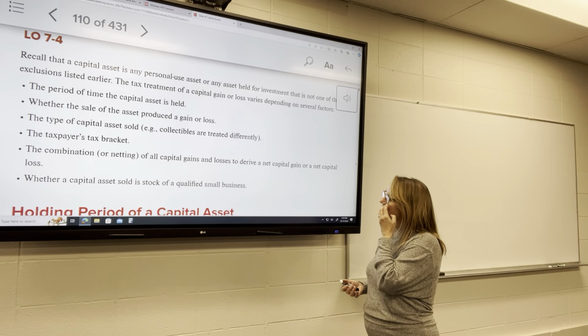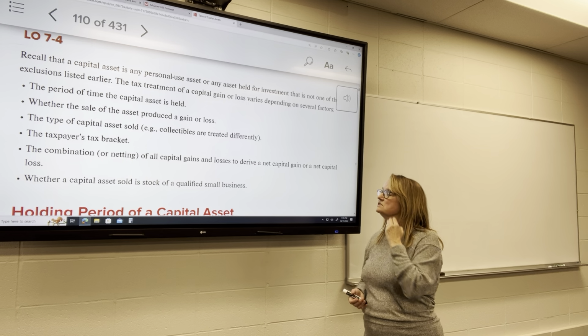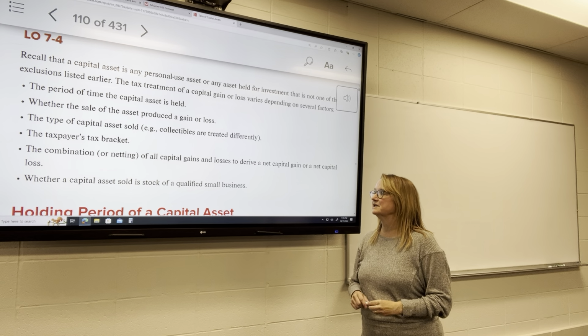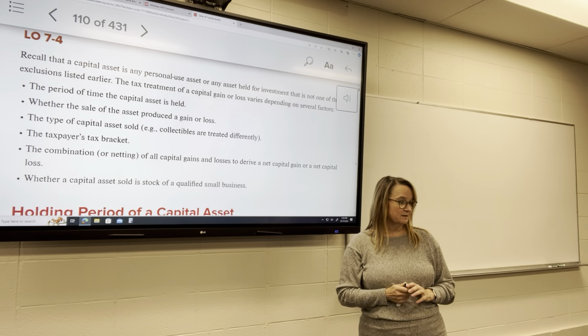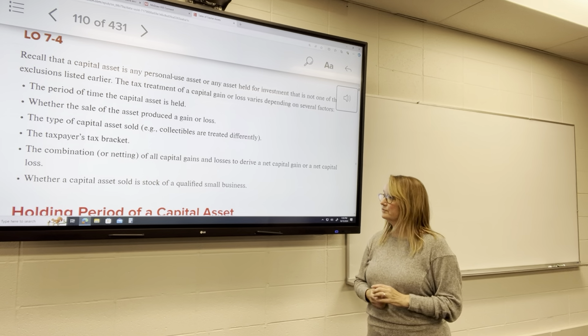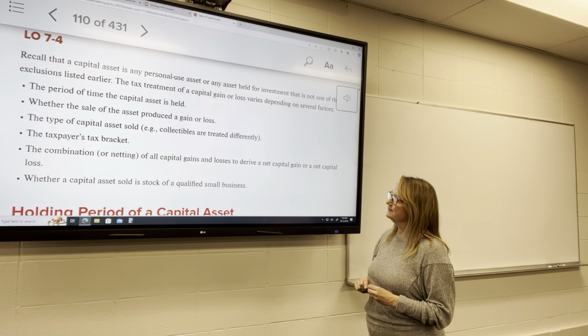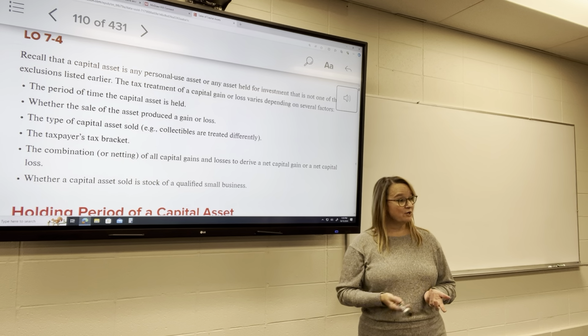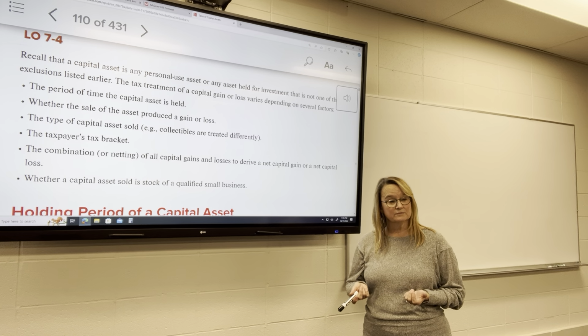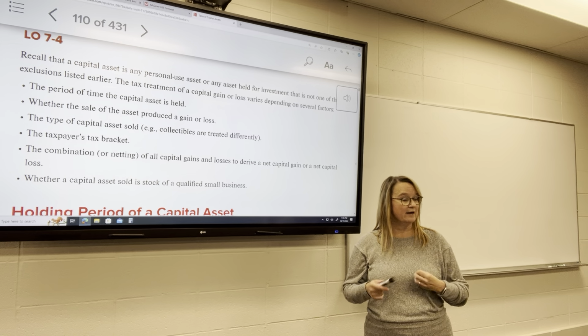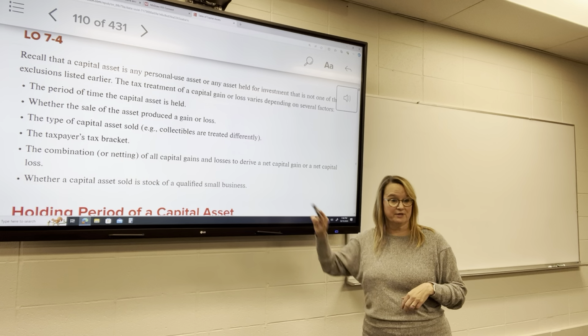The type of asset that was sold. There is a special category of capital assets called collectibles that have a different tax rate. Okay, and so they're going to be treated differently. The taxpayer's own tax bracket. Remember with the dividend tax rates? You remember that, right? Where we had to pull that out and tax at a different rate. Same thing.